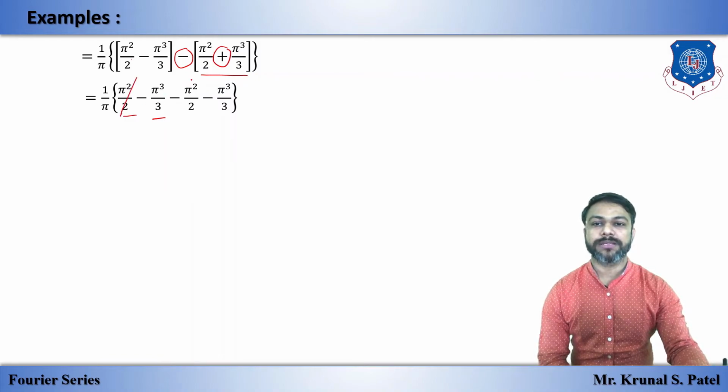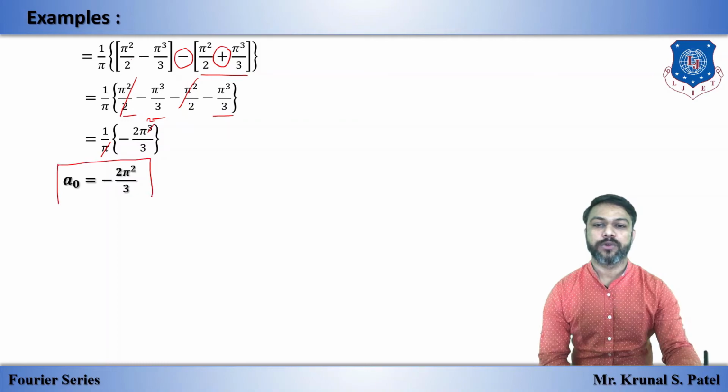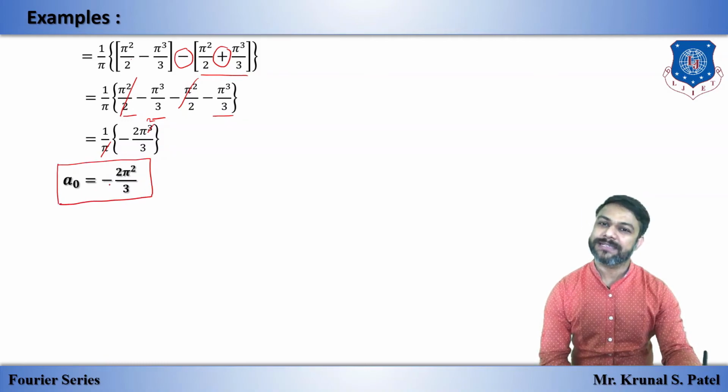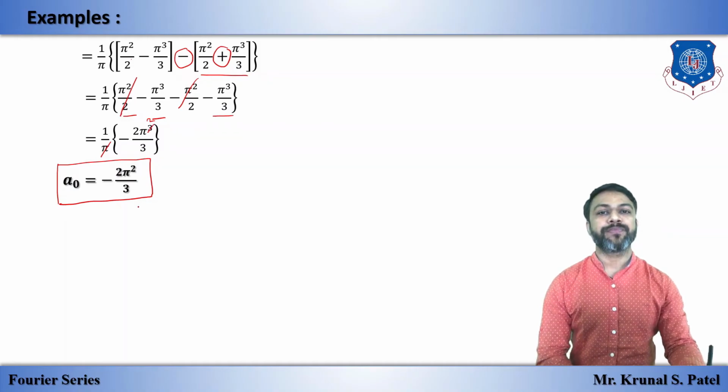Pi square by 2 plus and pi square by 2 minus. So we have 2 times minus minus, so minus 2 times pi cube by 3. By cancelling out, with the cube we have 2 pi square by 3. This is our a0. Simple, same as the previous example, but here only the limit is different, minus pi to pi.